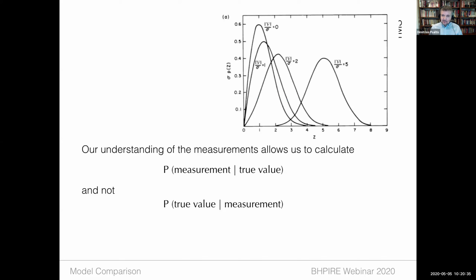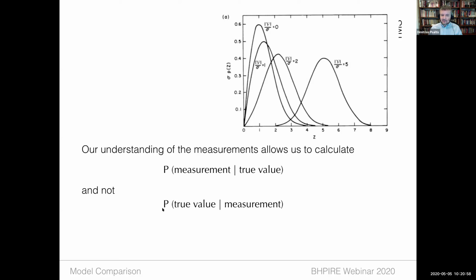In fact, this distribution is the opposite of what we really want to know. This distribution tells you what the distribution of measurements would be if you know the true value that comes out of the source. If you know the true value of the visibility amplitude, this is what you measure.